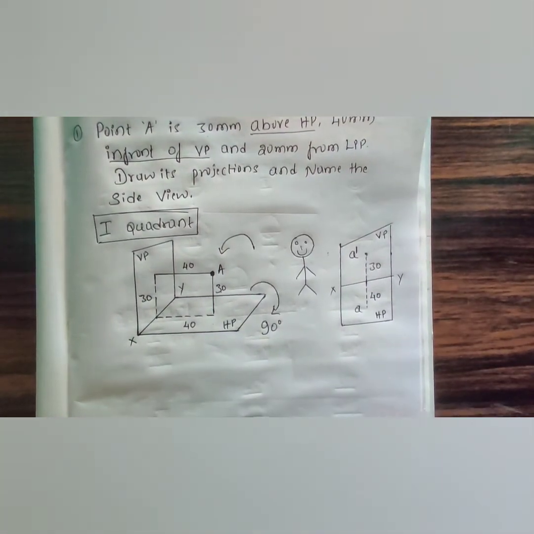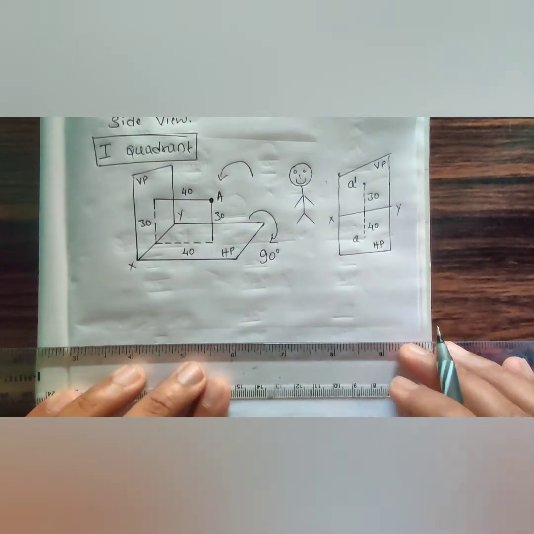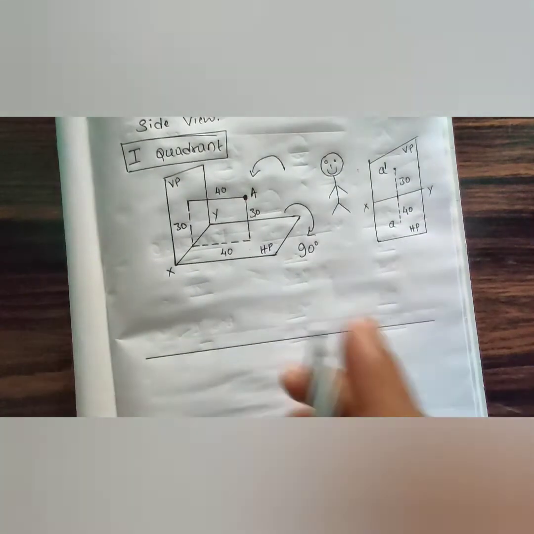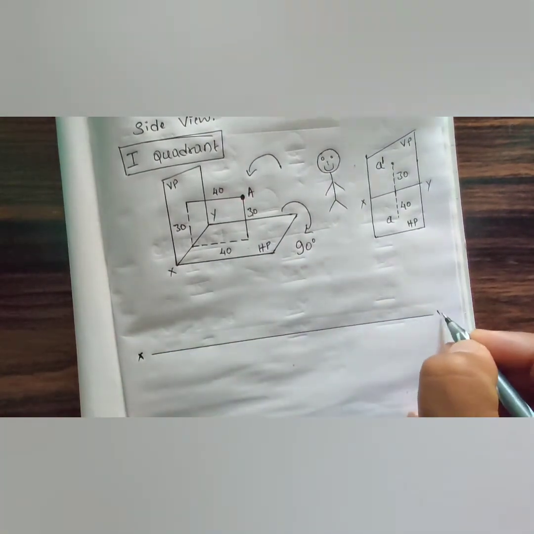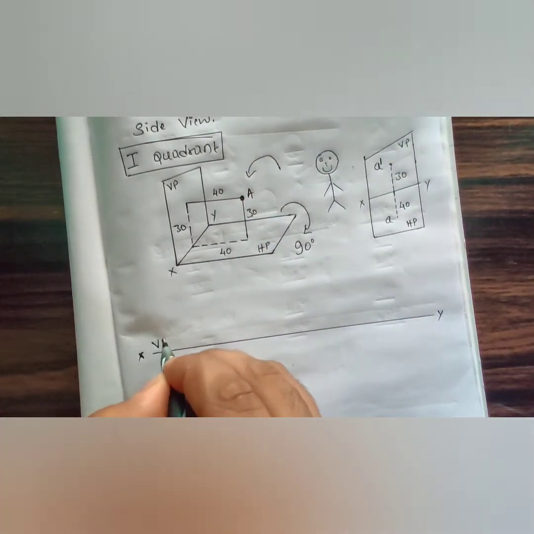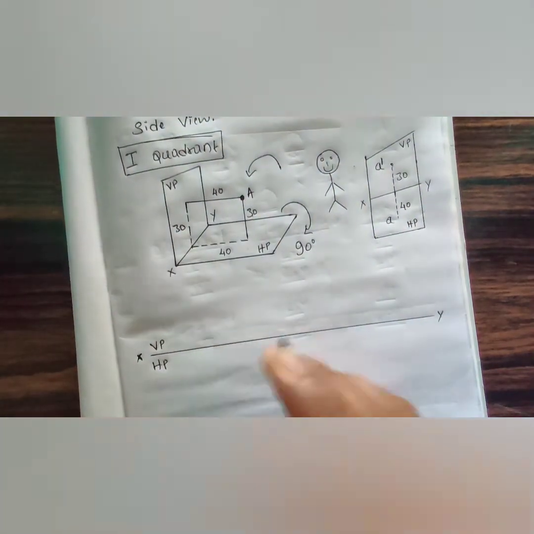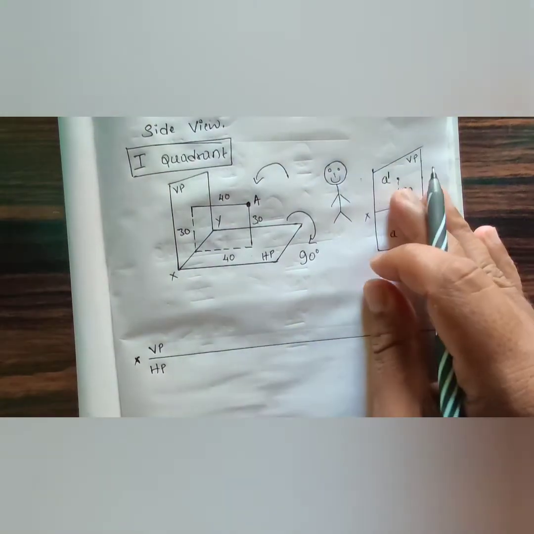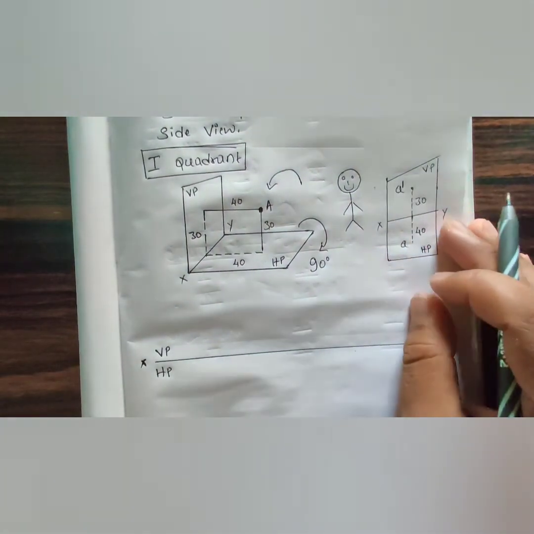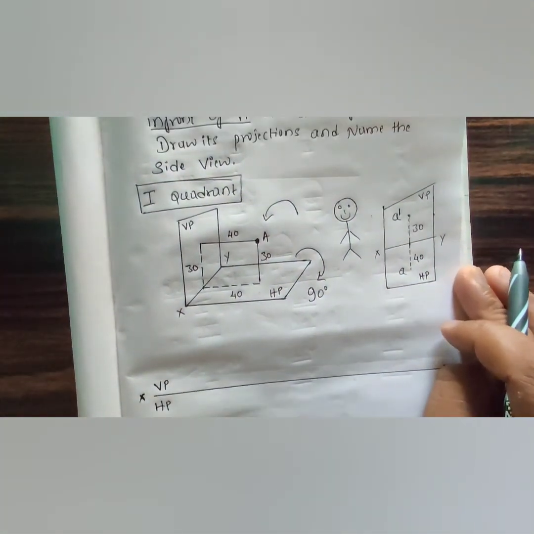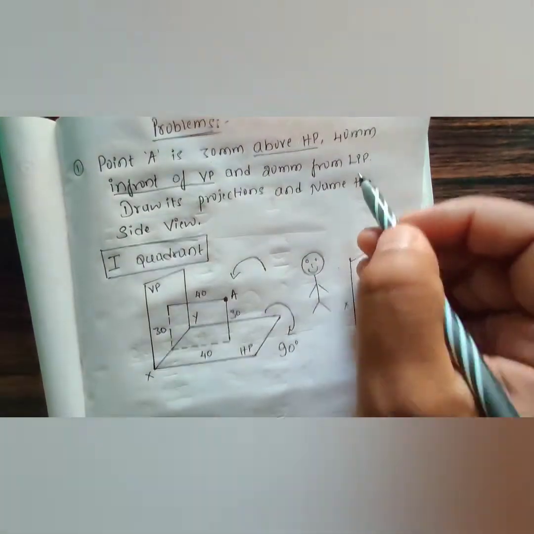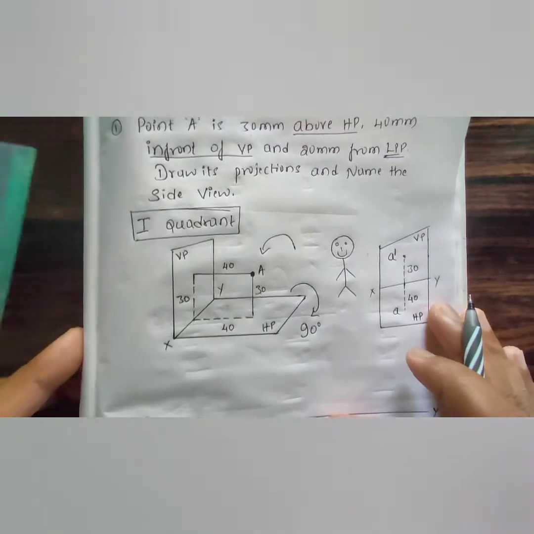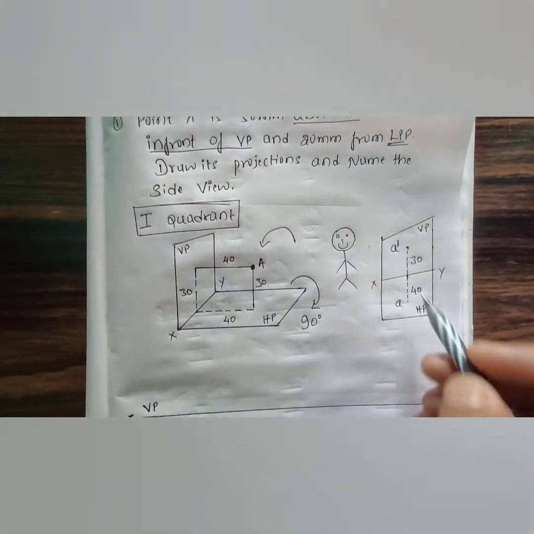Fine. So now what I'll do is I'll draw the XY line initially. Okay, so this is my XY line and this is my VP and this is my HP, and VP should be above XY line and HP should be below XY line since it is first quadrant. Fine. Now here he is discussing about LPP, that means left profile plane. That means we have to consider the plane towards the left of the solution.